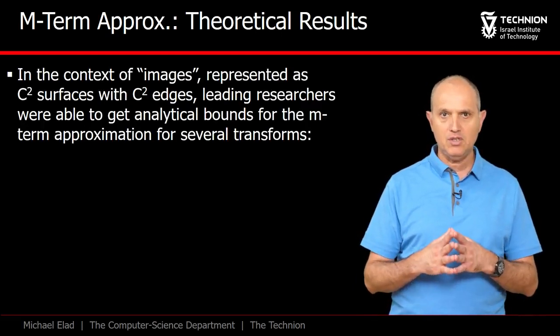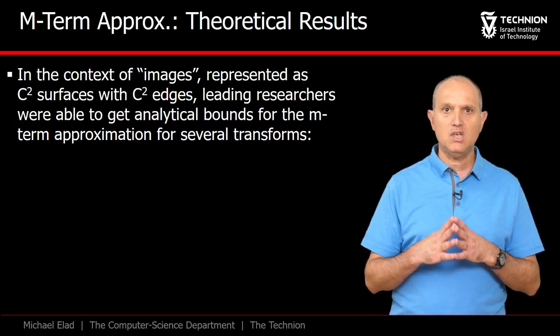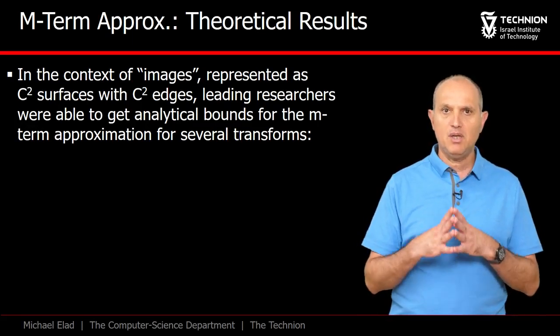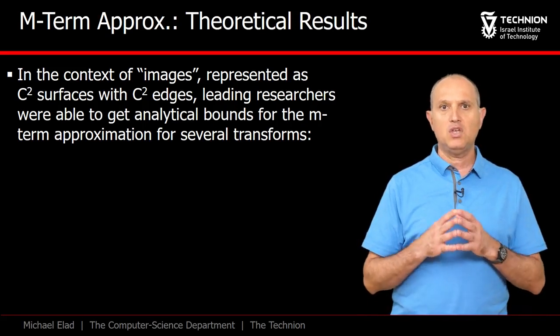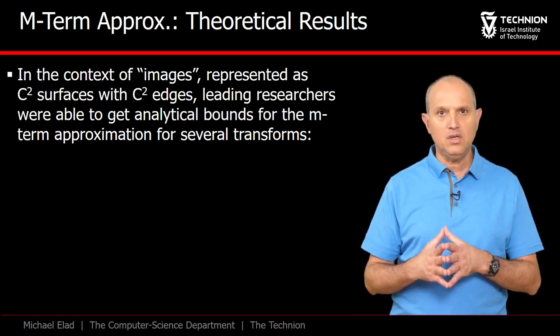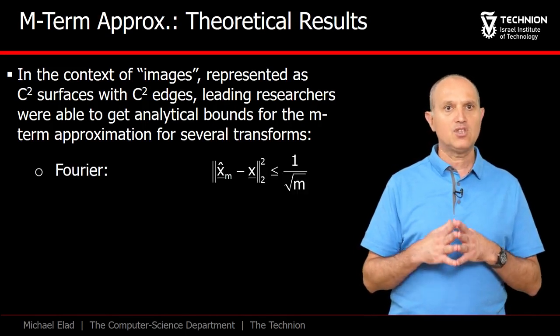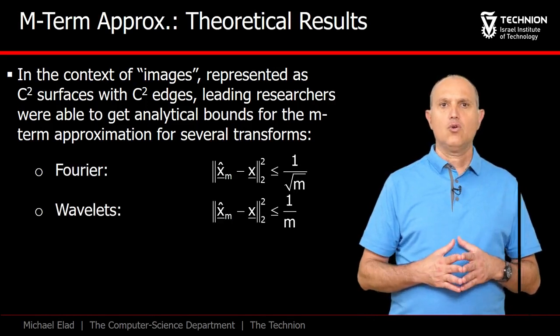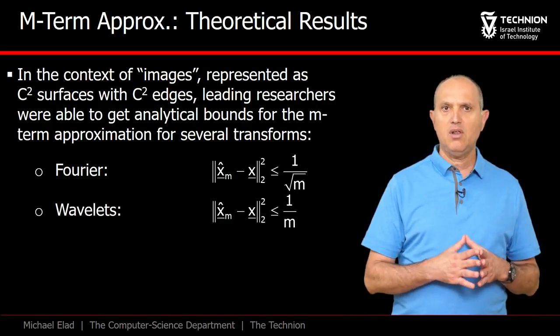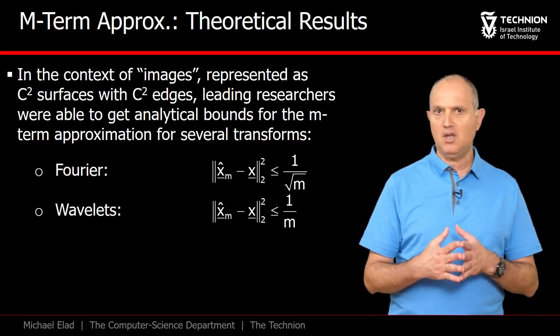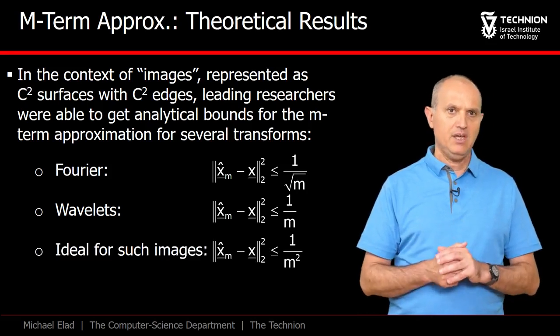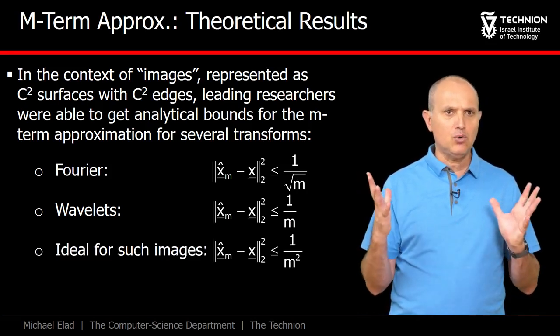In the context of images, the model was chosen as piecewise smooth regions separated by piecewise smooth edges, where smoothness was quantified in the continuum by the availability of the first two derivatives. For such synthetic images, several transforms were analyzed. Comparing the Fourier to the wavelet, the latter clearly performs better with a decay proportional to 1 over M. Indeed, what is the best decay one could hope for?